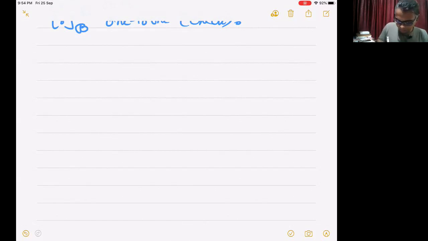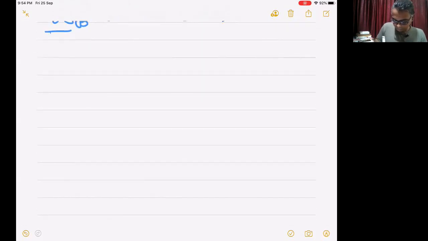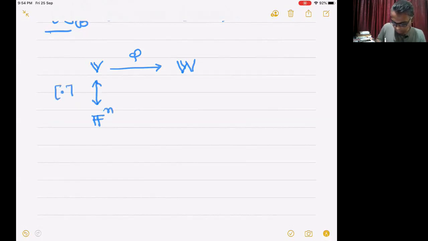Okay, now see. Suppose I have V, I have W, and there is this map phi. There is an isomorphism from V to F to the n by the basis B. This is the representation.